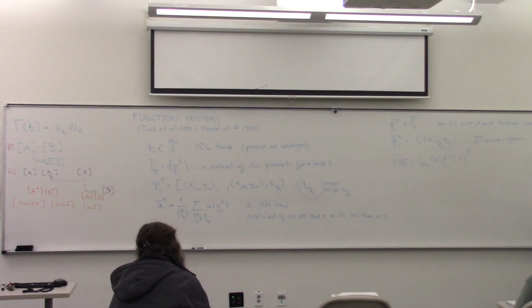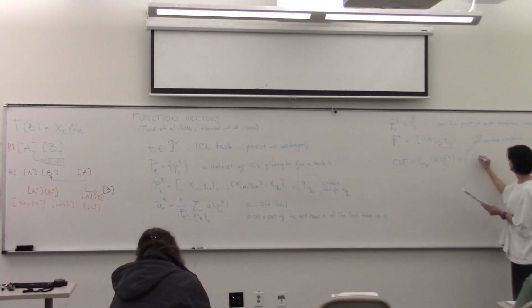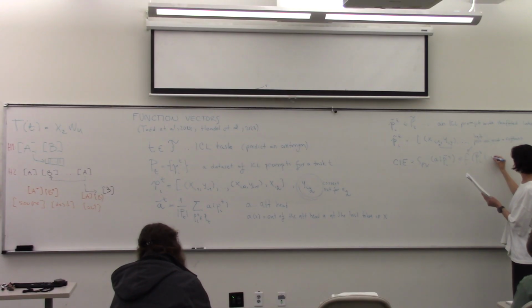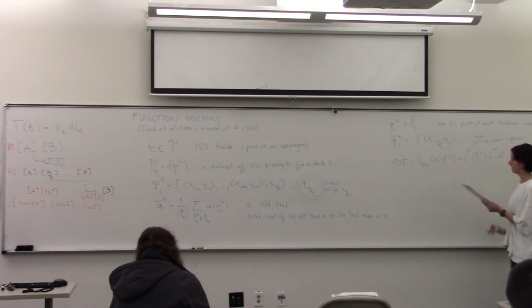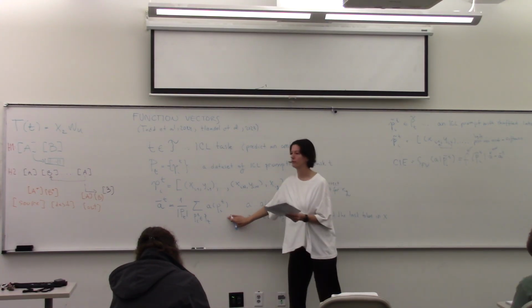Softmax. Yeah. Softmax. And so here we are going to have the corrupt prompt, but we are going to swap the attention head, a specific head we are looking into, so that it becomes this mean representation here, okay?